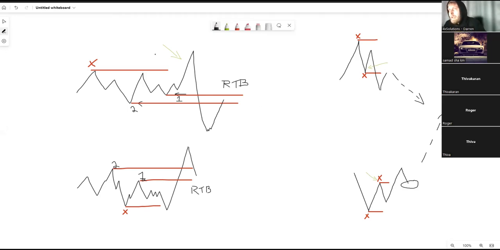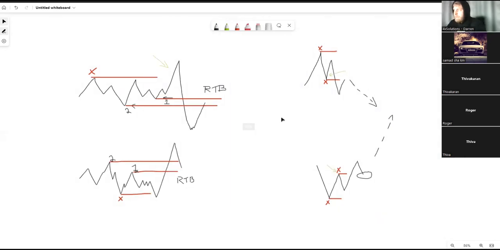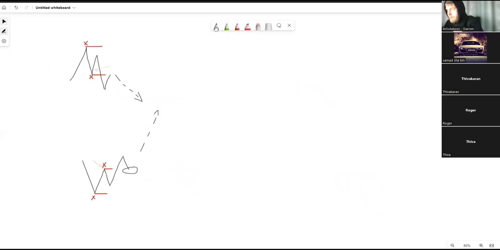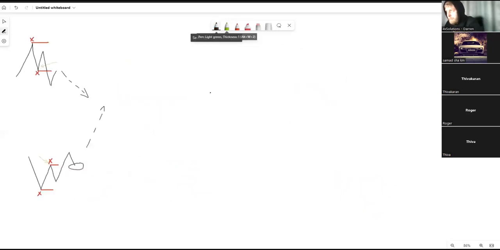What I'm going to spend time on is the SMT surrounding the nature of this price action, because this is the relevant stuff. So number 1, number 2, and number 3.